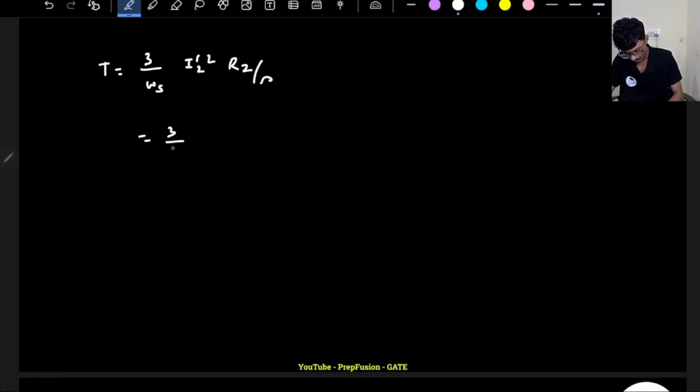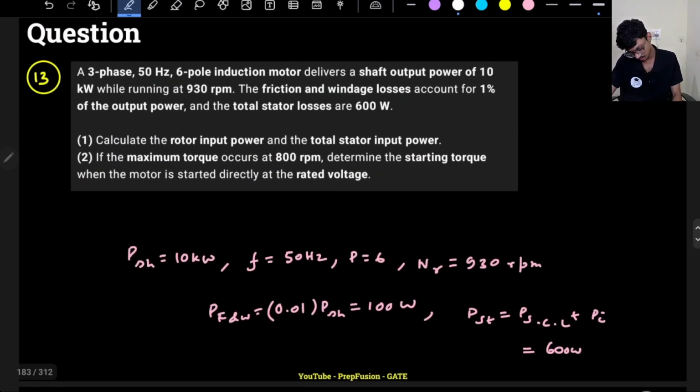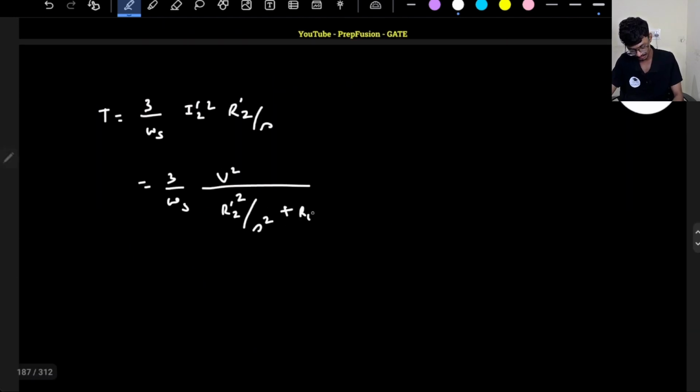It is V square divided by (R2 dash whole square divided by S square plus R1 whole square plus x square). They have not mentioned anything about the stator resistance, so I will assume I can neglect it.